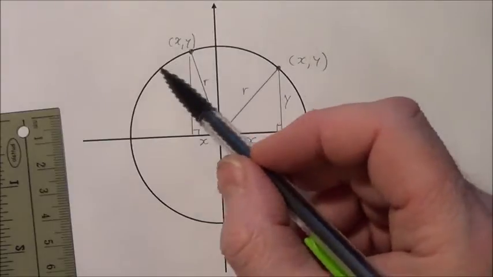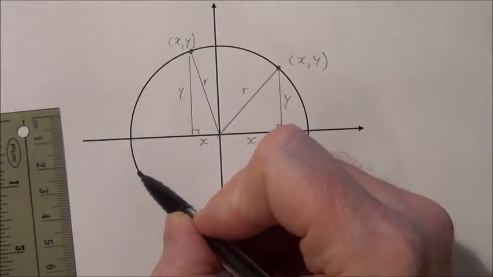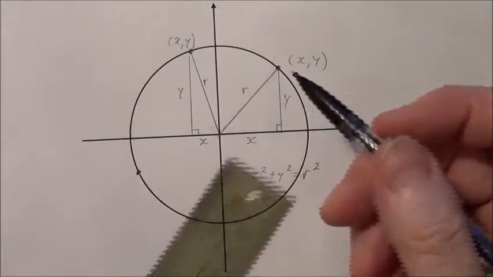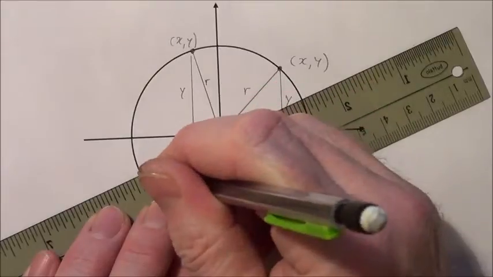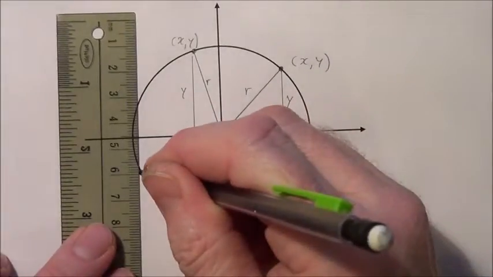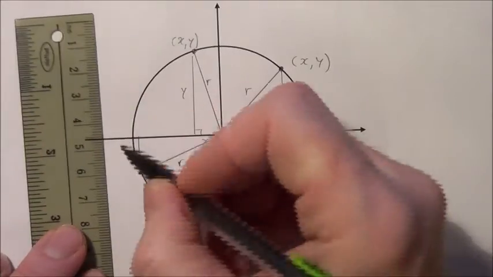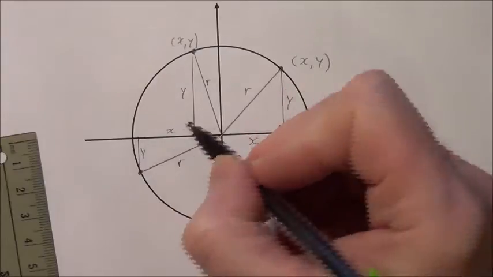If we were to swing this point down around here a little bit more, we could see that again, that r, the radius, is a certain distance y from the origin and a certain distance x from the origin.